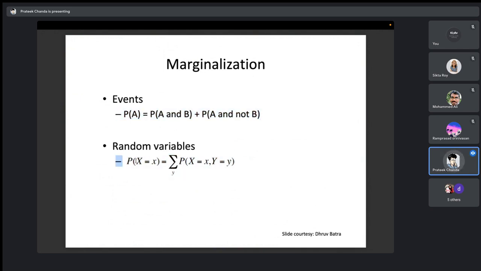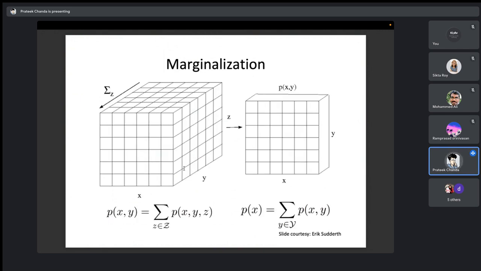For random variables, as you saw in this example, if you want to calculate for one particular random variable x, you marginalize over all the other random variables: you sum up over all values y. Again, the block diagram I'm showing here is the same thing from the previous slide. There is a two-step marginalization.